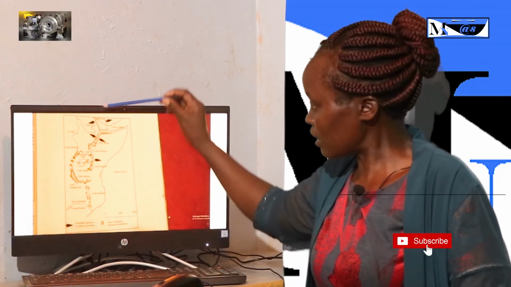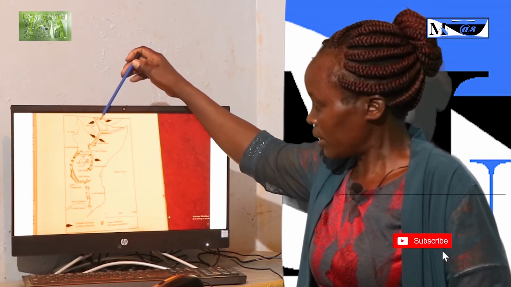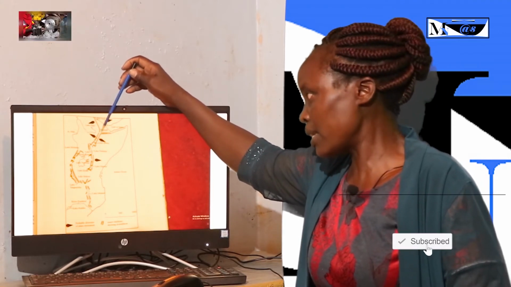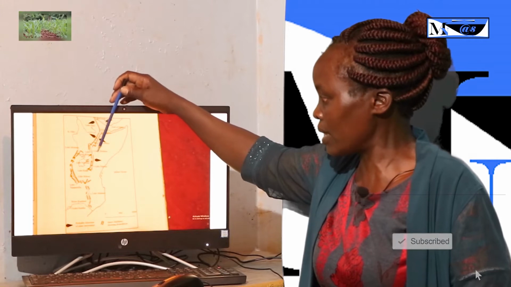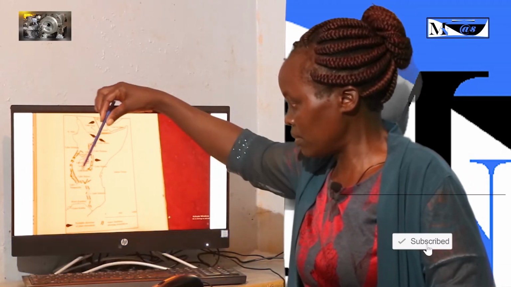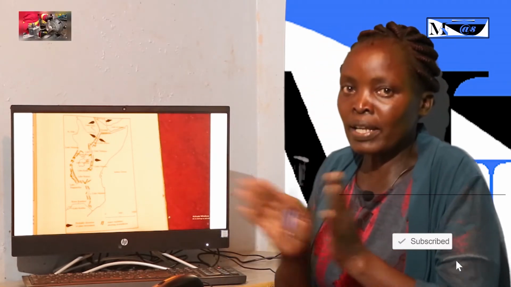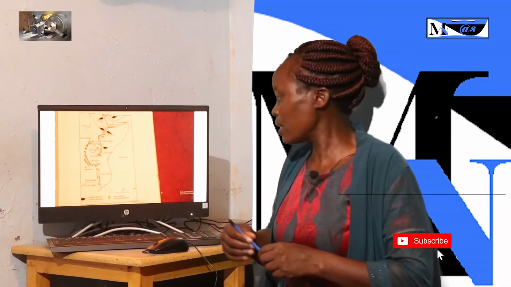You see, it starts from Syria, runs down into the Dead Sea, then we have the Red Sea, then we have Ethiopia, Kenya, Tanzania, Malawi, and Mozambique. Then when it is just about to enter into Malawi, in the southern part of Tanzania, where we have Lake Rukwa, it divides into two to give rise to the formation of two branches.